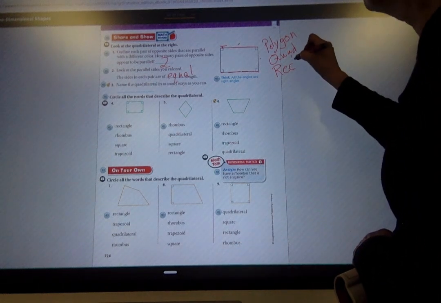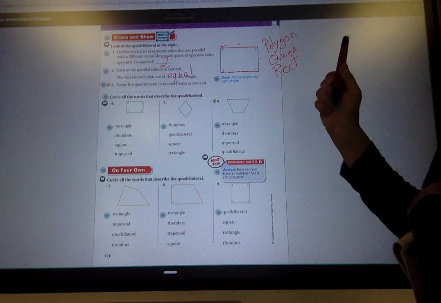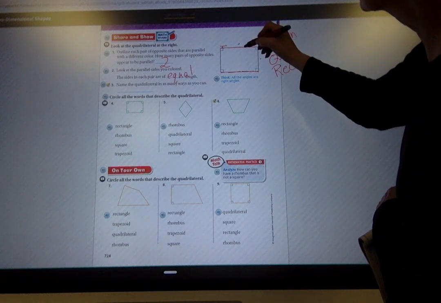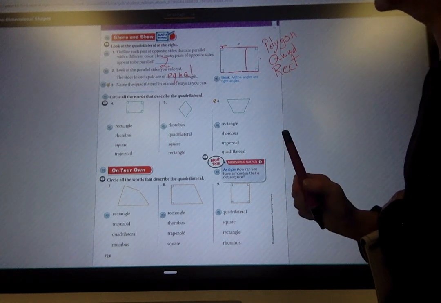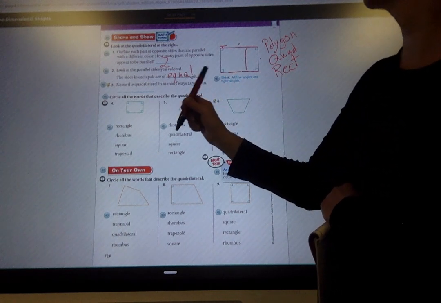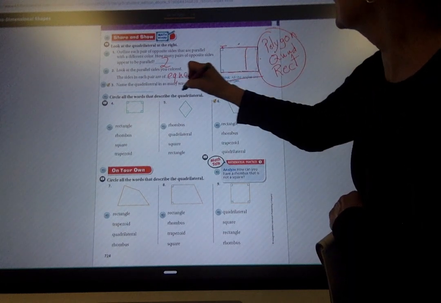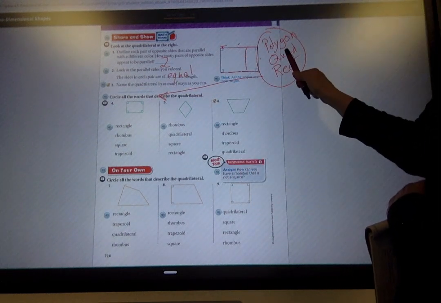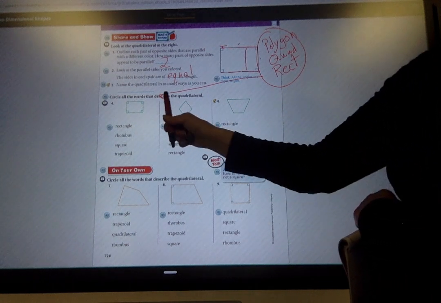Now, is it a square? No. Squares have to have the same length of sides all the way around. So these are the three names that we can put for this. Polygon, quadrilateral, rectangle.